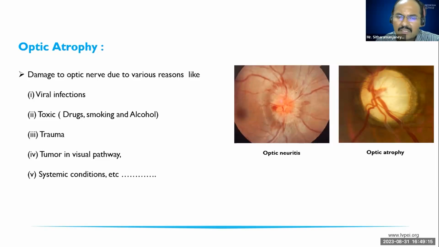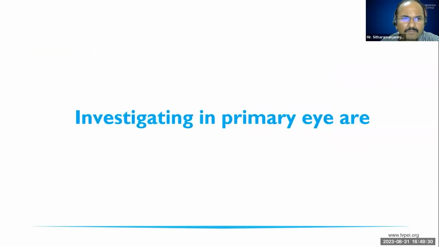In multiple sclerosis, this tissue gets damaged and causes damage to the nerves. The same thing can happen to the optic nerve in multiple sclerosis. It is a systemic condition. So far I have discussed conditions which cause sudden loss of vision in the eye.